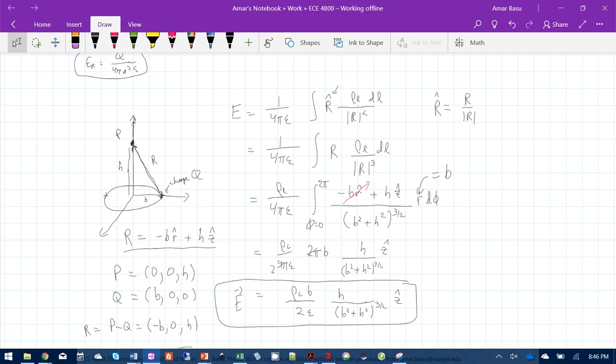It's the location of the observation point P minus the location of the charge Q. The direction points from Q to P. Final minus initial.